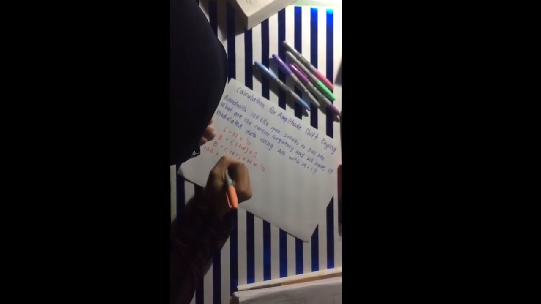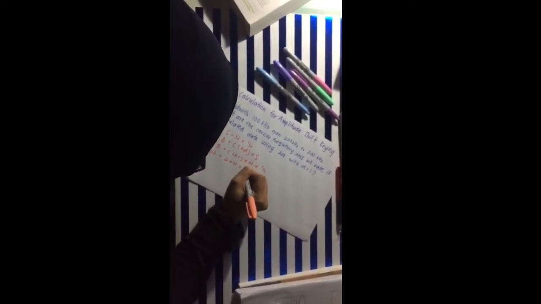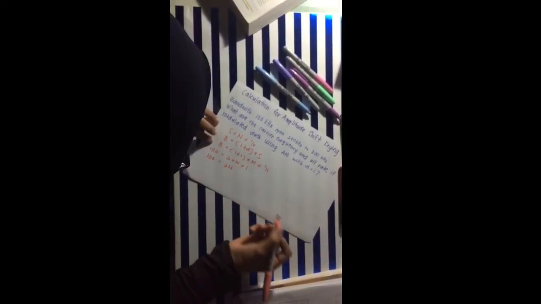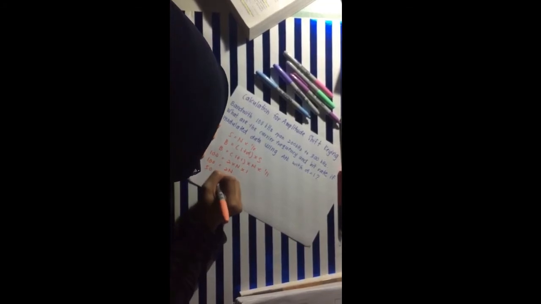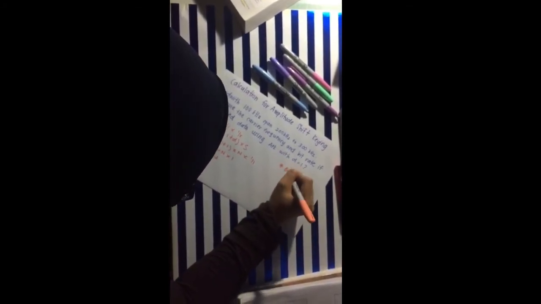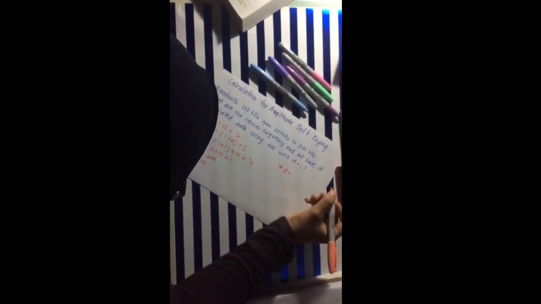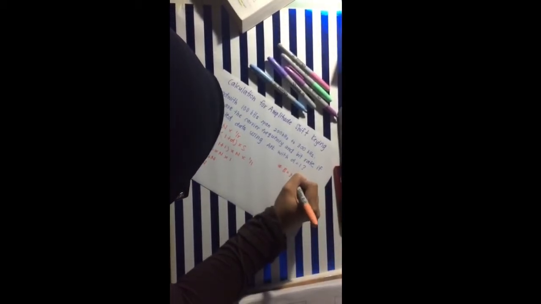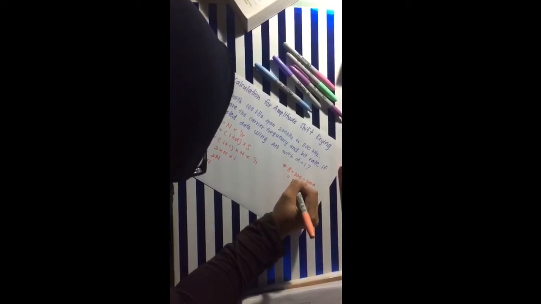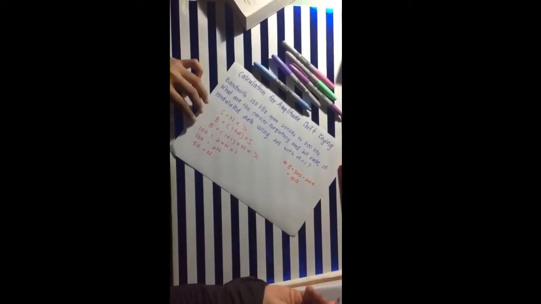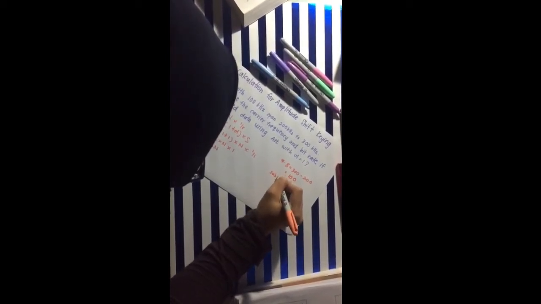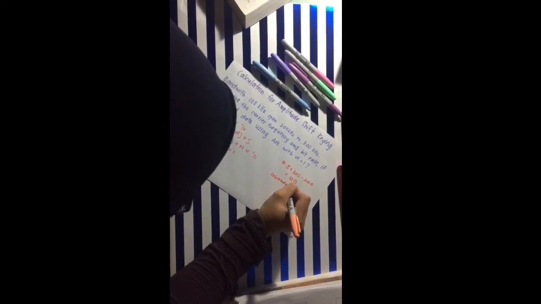So 100 equals 2N, so N equals 50 because we divide the 100 by 2. Where do we get the 100? We get it from the bandwidth. How to get the bandwidth? B equals 300 minus 200 equals 100. So we substitute B with the bandwidth.